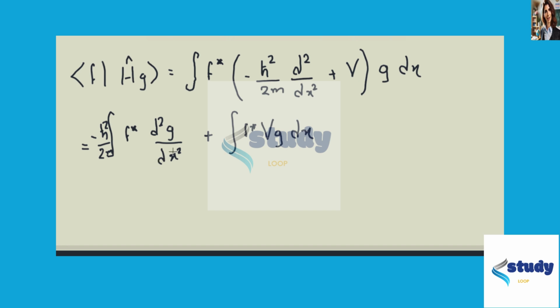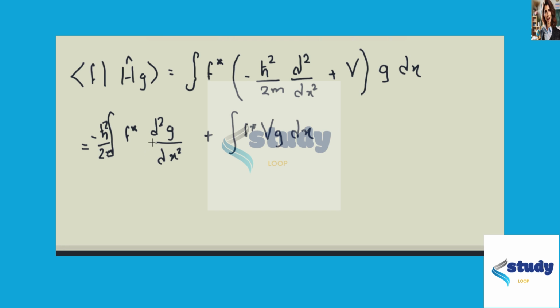Now we need to prove that it applies equally on f star as well. So we will use integration by parts twice on the first part of this expression.